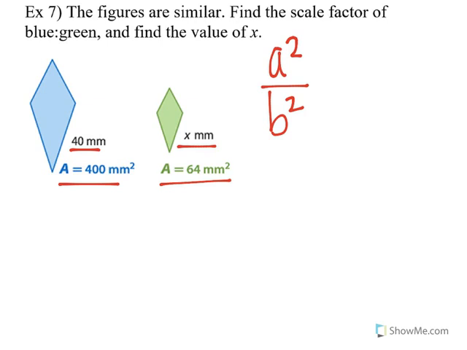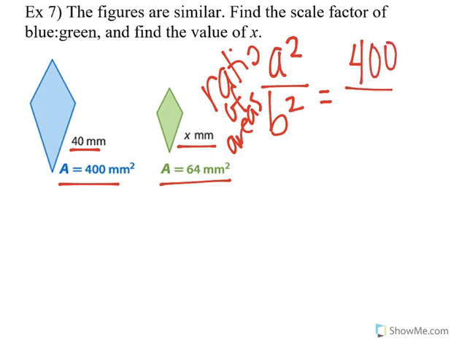In this case, I'm going to call blue A, and green is going to be my B. So my ratio of my areas is A squared to B squared. So this means A squared is equal to 400 over B squared is equal to 64.